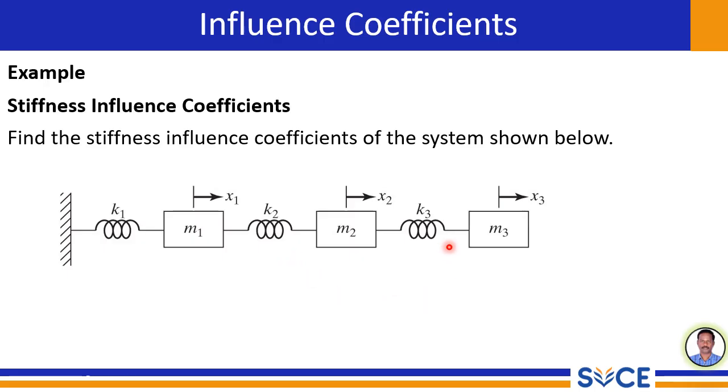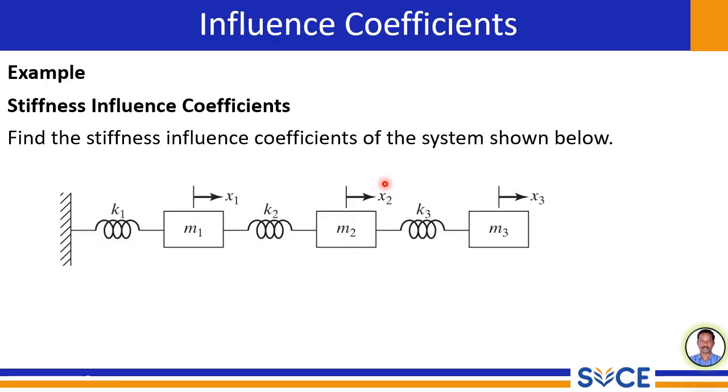The displacements of the masses from their equilibrium positions are denoted by x1, x2, x3 respectively. Our goal is to find the stiffness influence coefficients for this system. Recall that the stiffness influence coefficient Kij is the force at mass i required to produce a unit displacement at mass j while keeping all other masses at zero displacement.